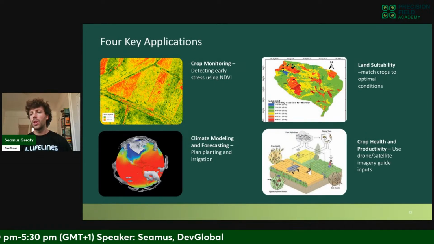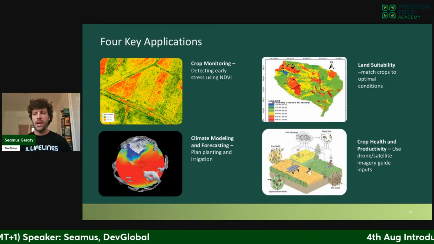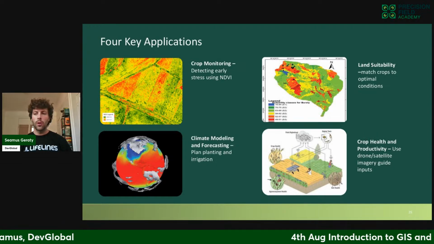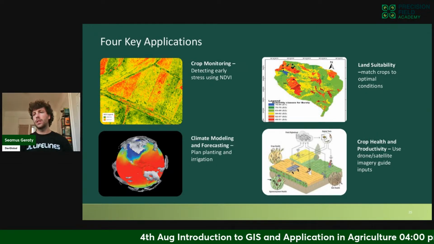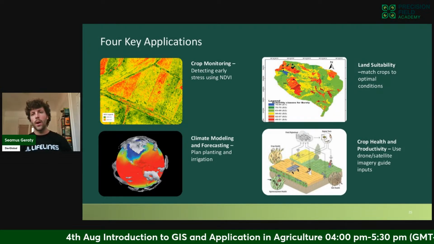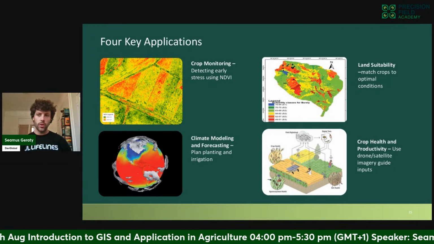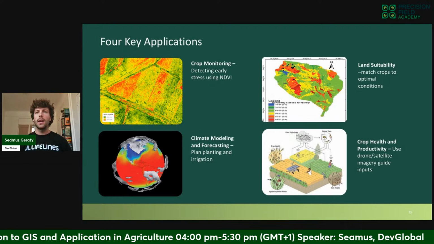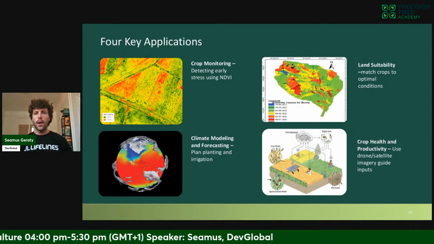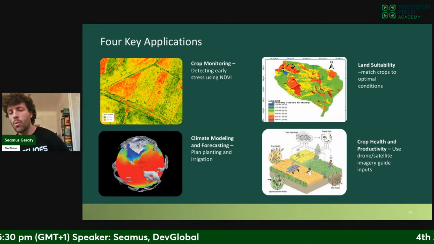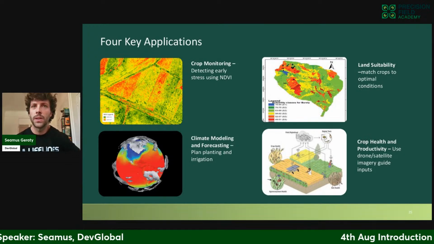And then land suitability analysis. This application helps match specific crops to optimal growing conditions based on various geographic factors, ensuring specific success rates. So like slope, and even soil type, sun exposure, all that good stuff. We can use remote sensing and GIS to help us understand.